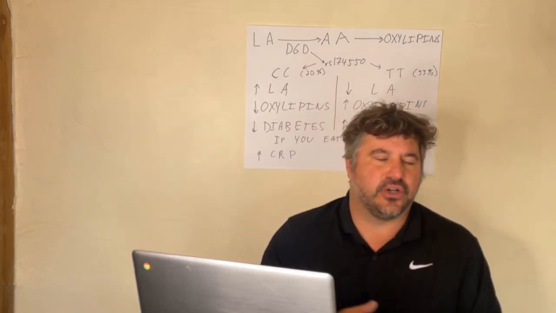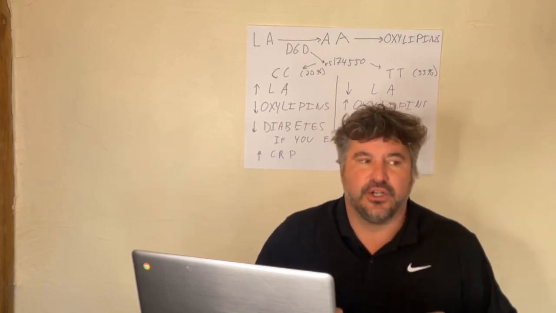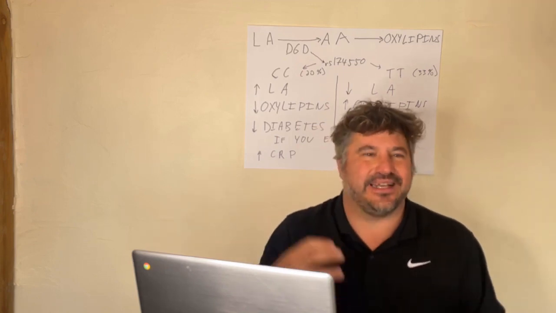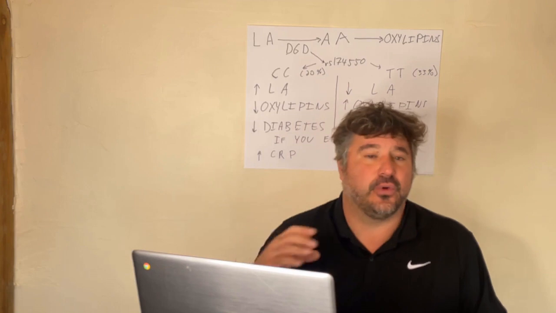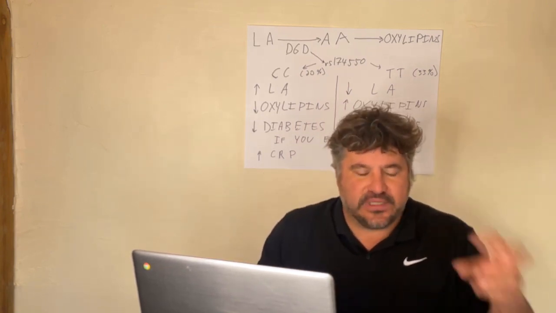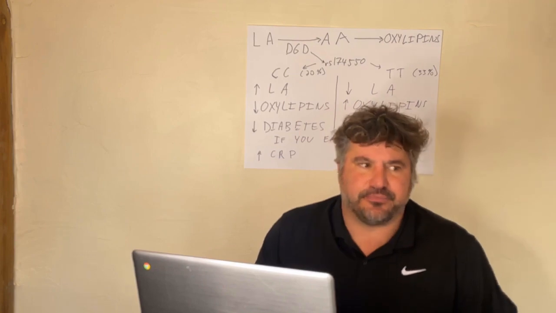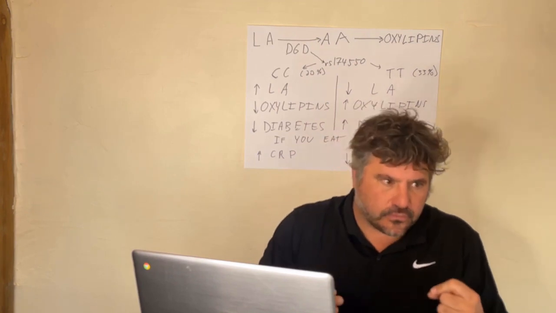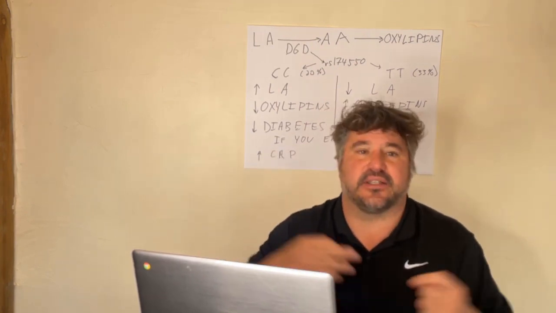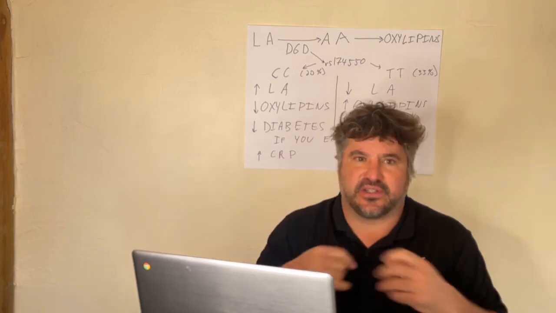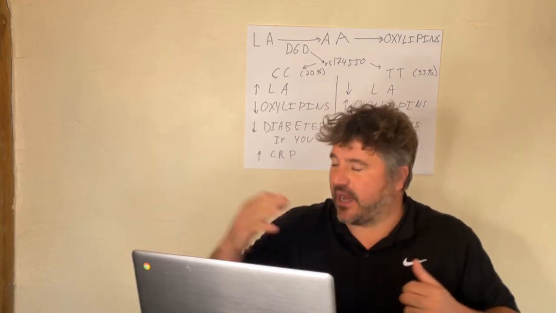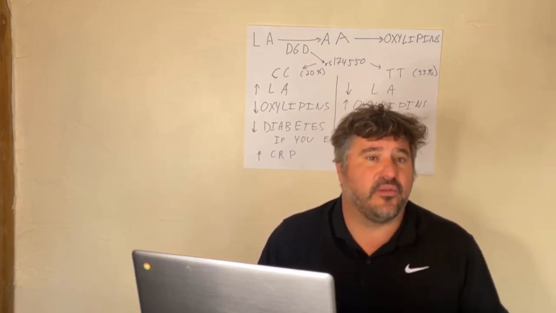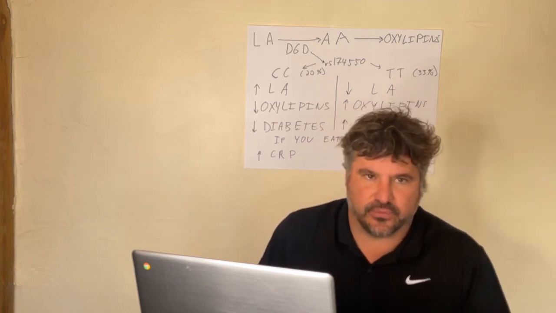So it's in this gene called delta 6 desaturase, or D6D, which is involved in converting linoleic acid to arachidonic acid and then ultimately into these oxylipins, which are oxidized fats. And so D6D is the rate limiting enzyme.